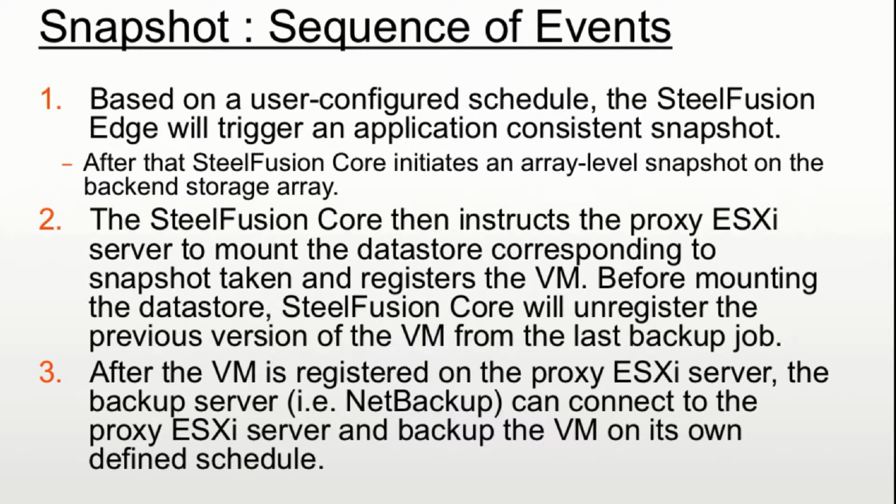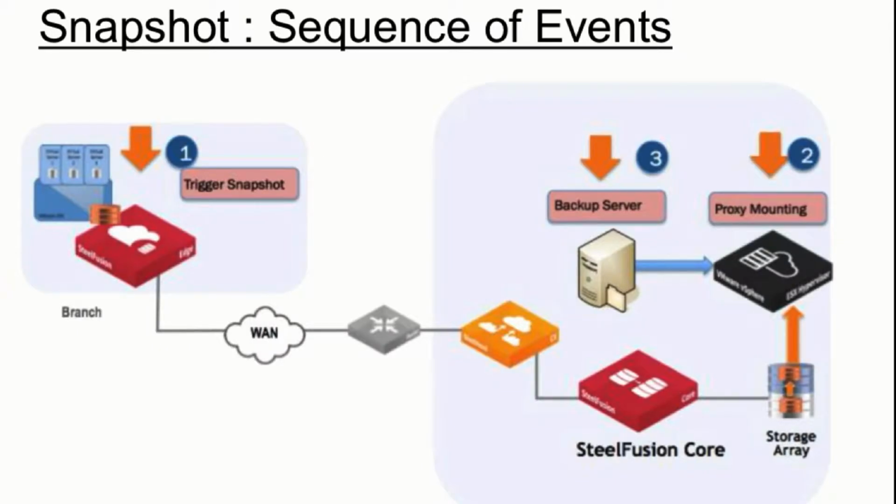Once step number 1 and step number 2 are done, that is, the snapshot is taken on the backend storage, the snapshot LUN is cloned and mounted on the proxy ESXi and the VMs are registered. The backup server can then connect to the proxy ESXi and back up the VMs on their own defined schedule. So we can see in step number 1, SteelFusion Edge triggers the snapshot.